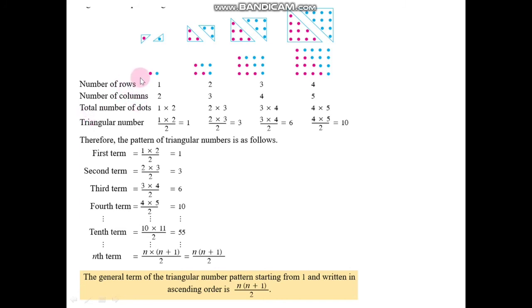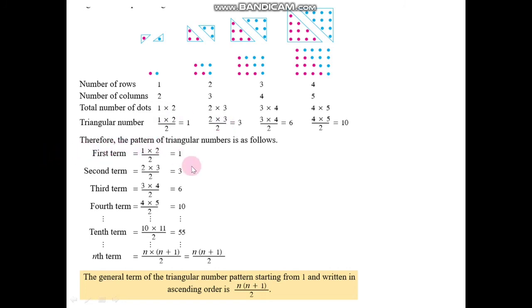When we multiply the number of rows by its columns, we can get the total number of dots. Then the triangular number. To get the triangular number of them, obviously we can divide this by 2 because we have combined two triangular numbers and formed this. If we divide it by 2, we get the triangular number.